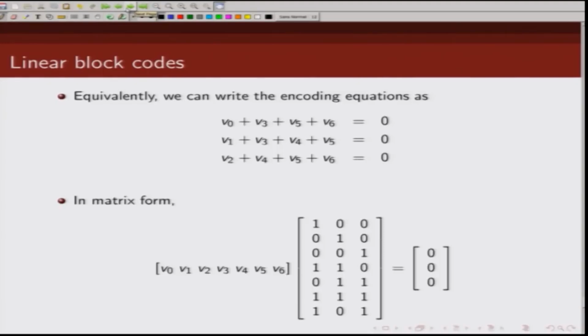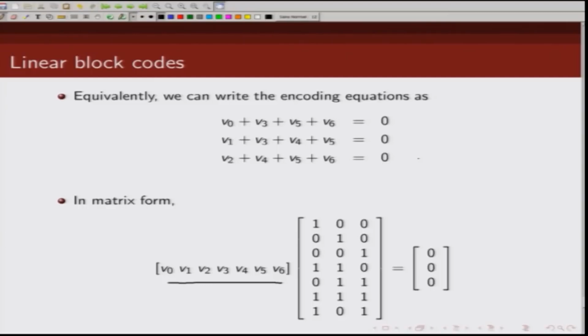Next, the same thing we can write in a matrix form. I have my coded bits V0 to V6. I have 3 sets of parity check equations, and the same thing I can write in a matrix form like this. Now, you can see these are equivalent. Let us look at the first equation: V0 plus V3 plus V5 plus V6 is 0.